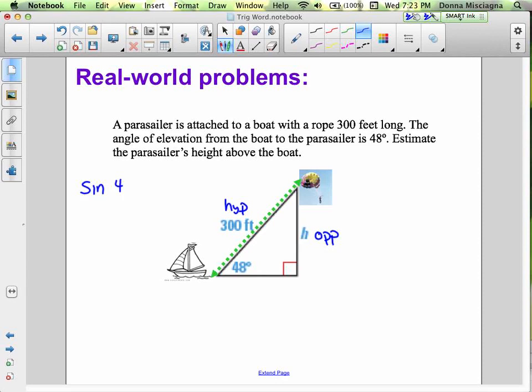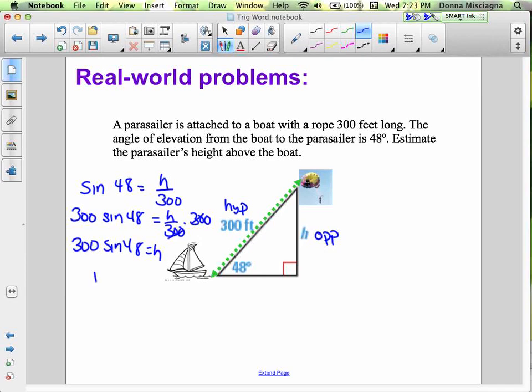So sine 48 equals h divided by 300. We want to isolate our variable, so we'll multiply both sides by 300. So we have 300 sine 48 equals h divided by 300 times 300. There we go. Those cancel out. So we have 300 sine 48 equals h.